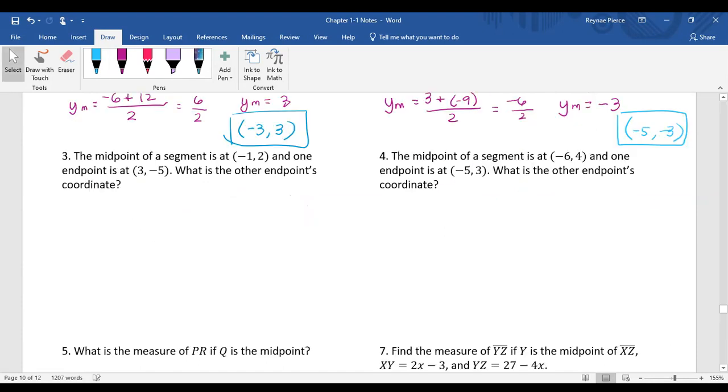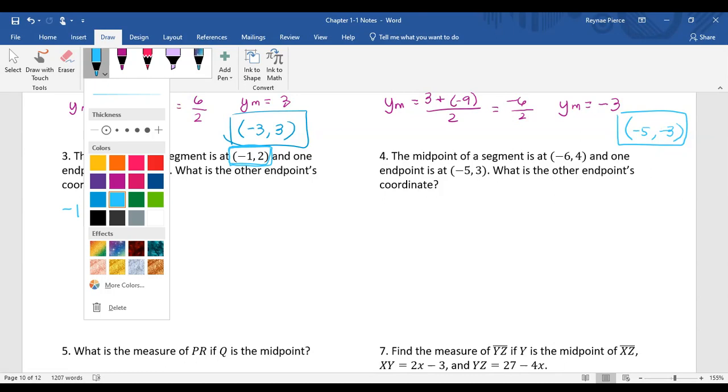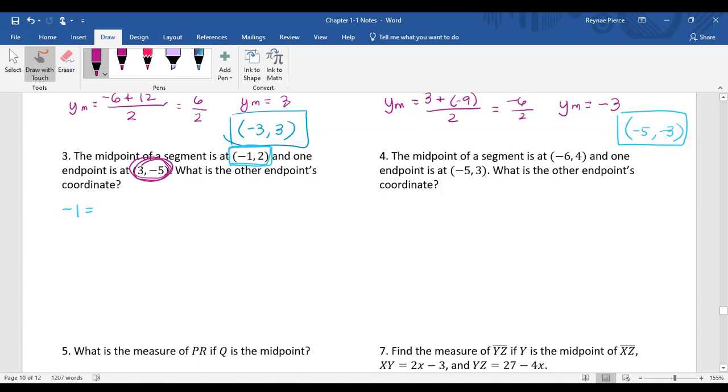Okay, the other kind of example here, we are given the midpoint. So this point here is our midpoint. The x coordinate of our midpoint is negative 1. My other endpoint is here.